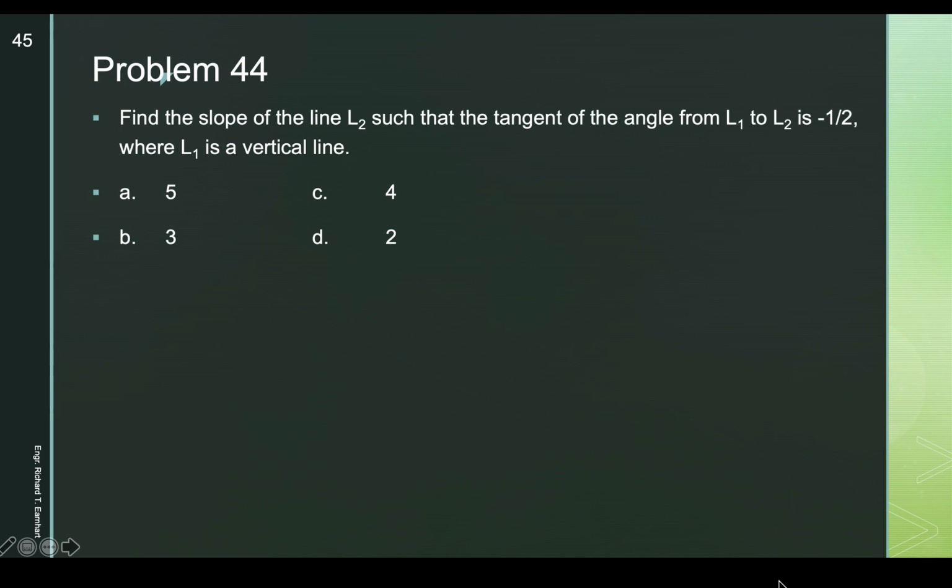Okay, so we'll continue with problem number 44. Find the slope of the line L2 such that the tangent of the angle from L1 to L2 is negative 1/2, where L1 is a vertical line.